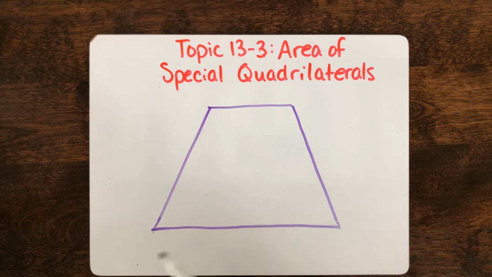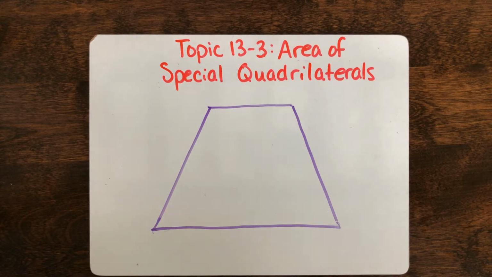However, we can break up this shape into shapes that we do know how to find the area of. Okay? How do you think you can break this shape up? What do you think we could break up this trapezoid into? Well, you could break this trapezoid into two triangles and a rectangle, and I'll show you how to do that, okay?